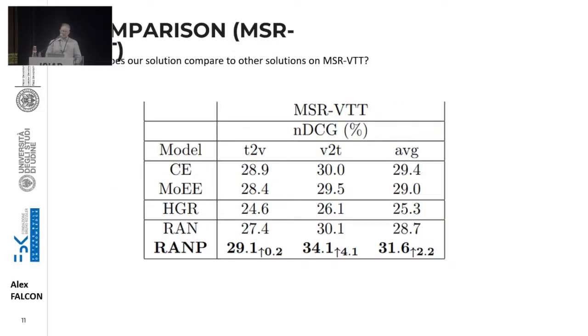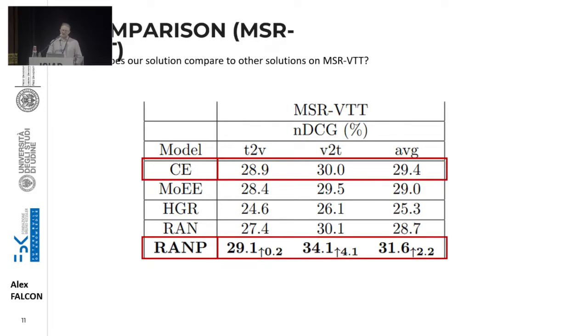On MSRVTT, we compared mostly to 2 methods and our baseline, which include collaborative experts and mixture of embedding experts, which are 2 methods that are often used as baseline methods on MSRVTT. In this case, in particular, we observe improvements of around 2% when compared to collaborative experts.